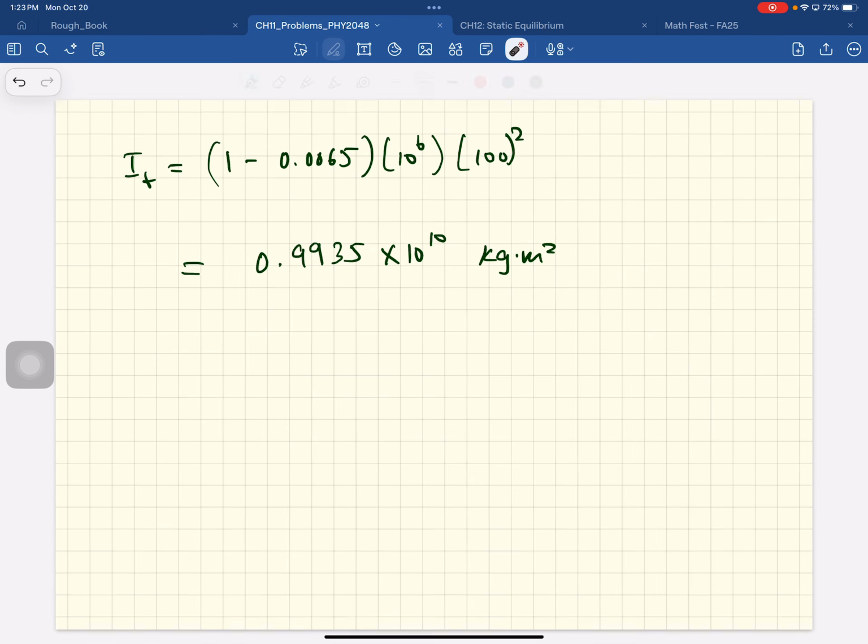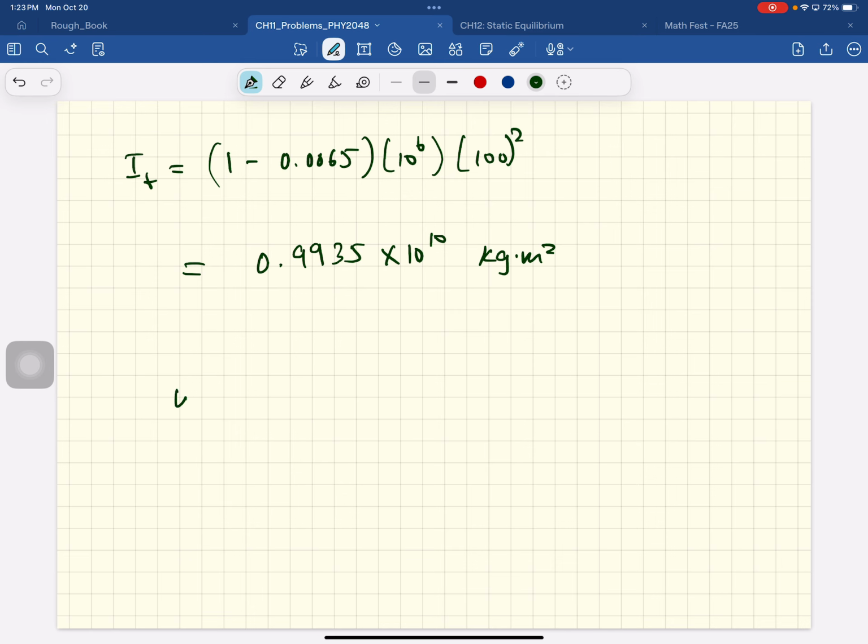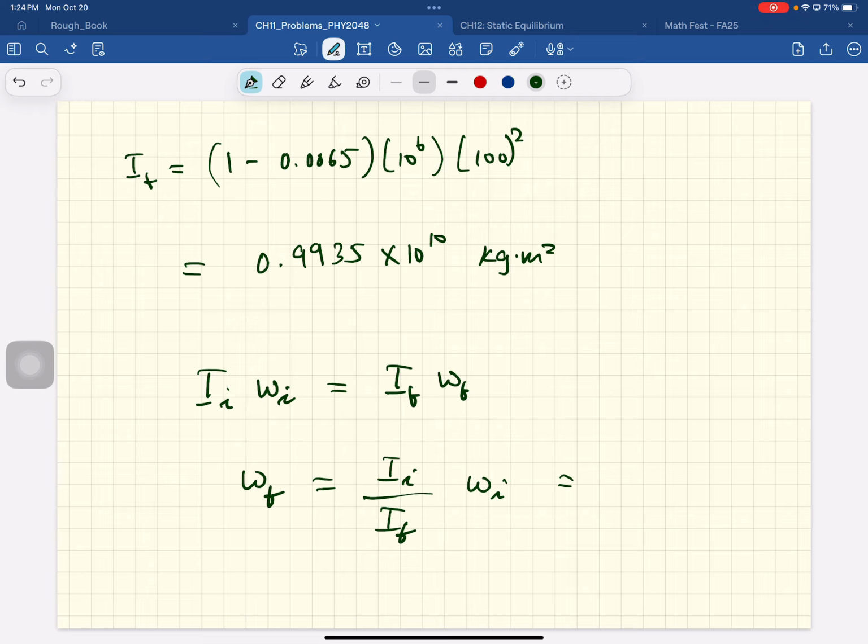So it'll speed up. So I initial omega initial equals I final omega final. Omega final is I initial over I final times omega initial. I initial was 10 to the 10, and I final is 0.9935 times 10 to the 10.